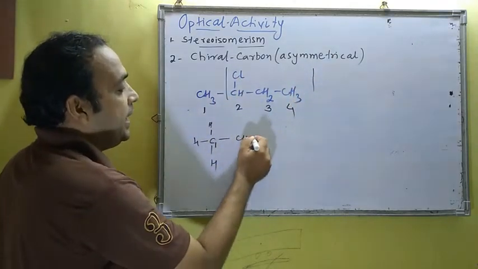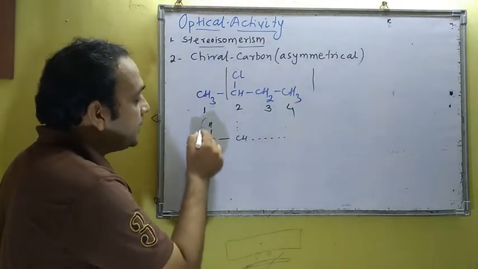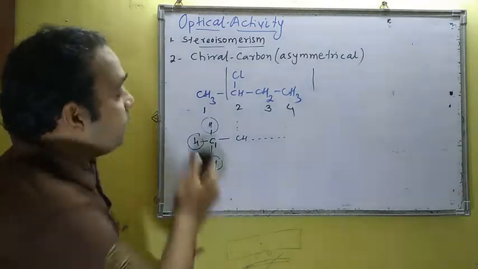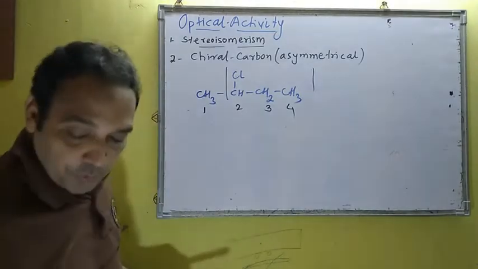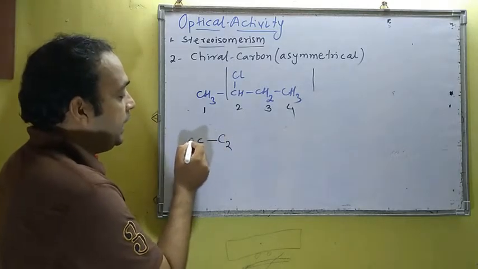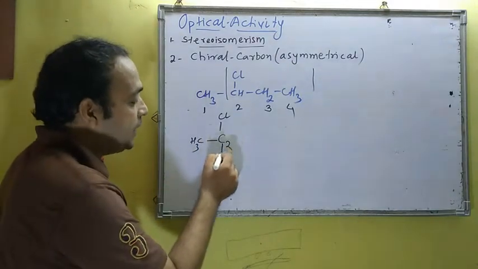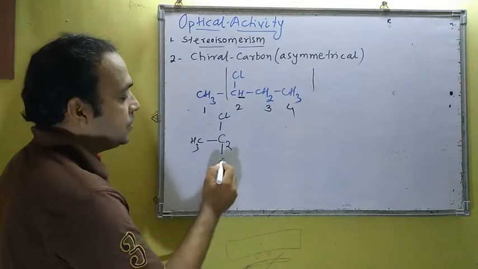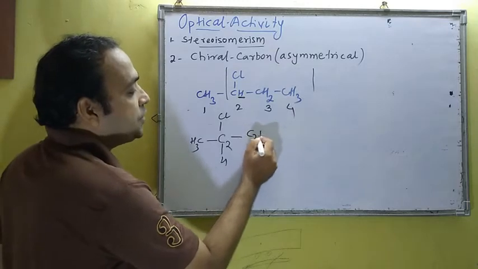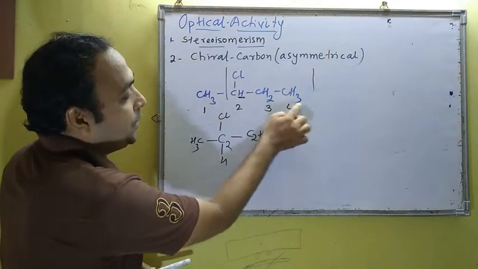So here the four atoms or groups are not different because the three H are the same. But come to carbon number 2, that is C2. On C2, on the left hand side CH3 is attached, above Cl is attached, at the bottom we can show the hydrogen atom, and on the right hand side CH2CH3, which we can write as C2H5.